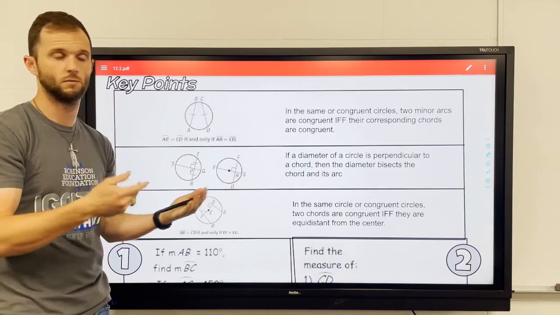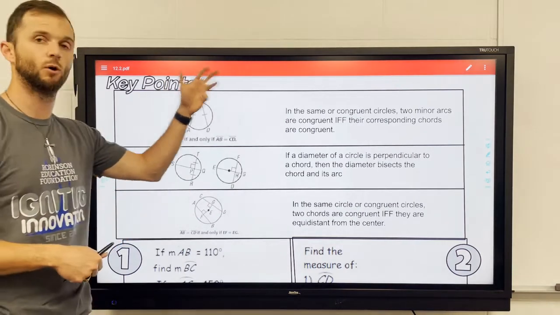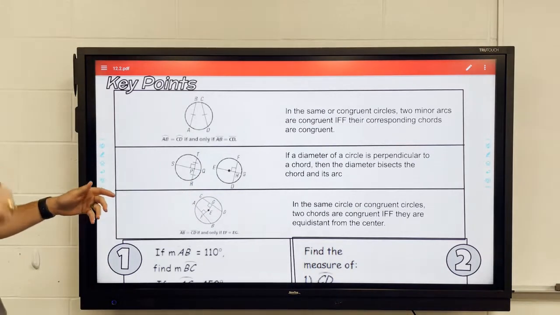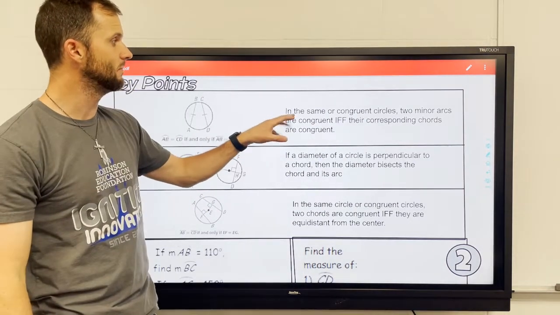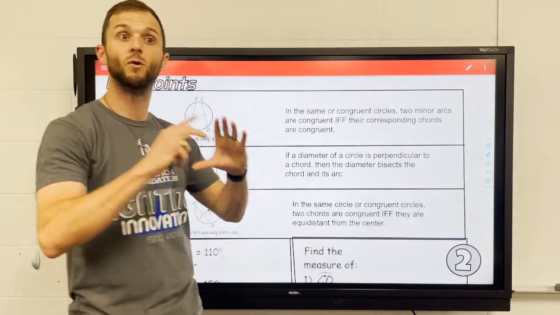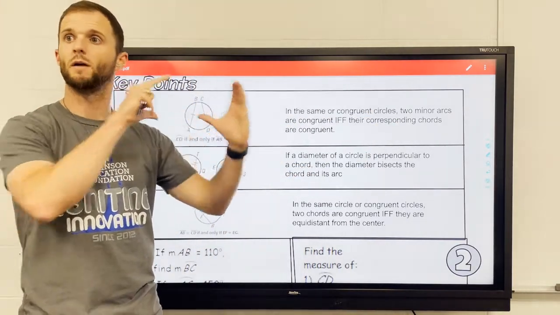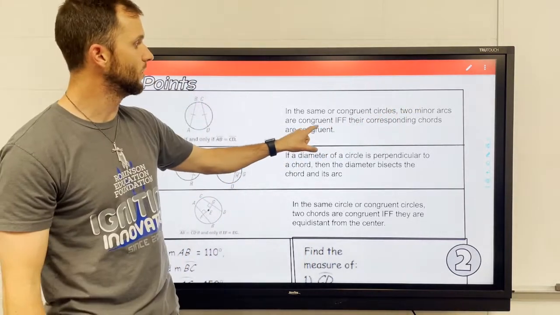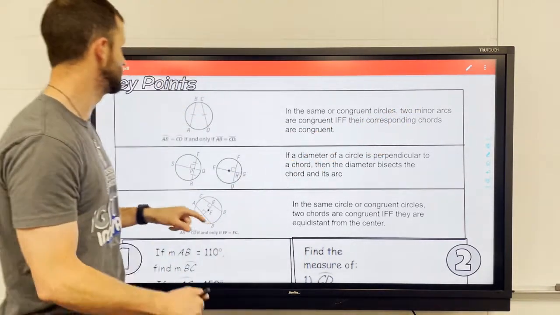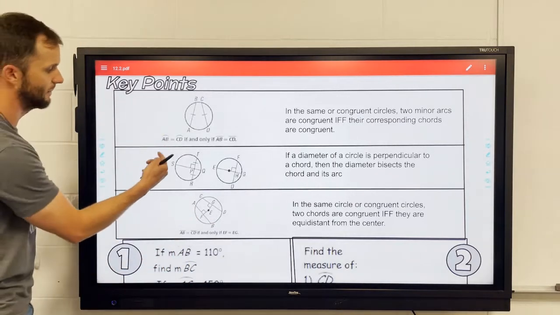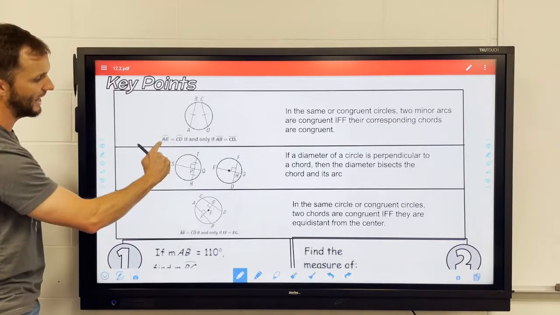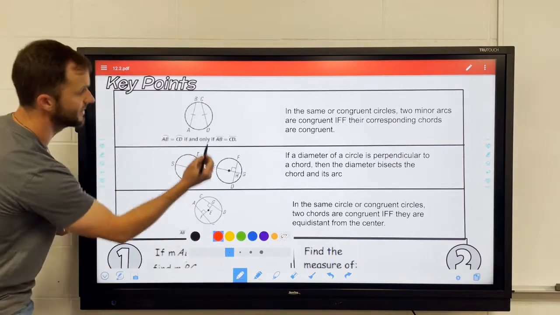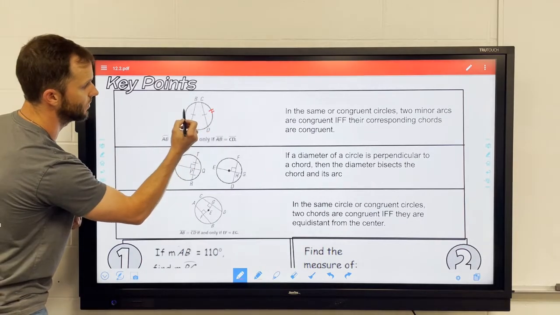Okay, that's a chord. With that being said, there are a couple of rules you need to remember. The first one says, if you have the same or congruent circles, meaning the same circle or two circles that are congruent, and two minor arcs are congruent, then their corresponding chords are congruent. In this example, arc AB is equal to arc CD. That means this arc right here is congruent to this arc right here.